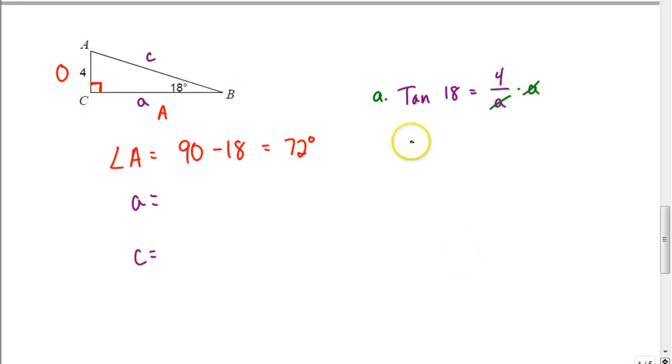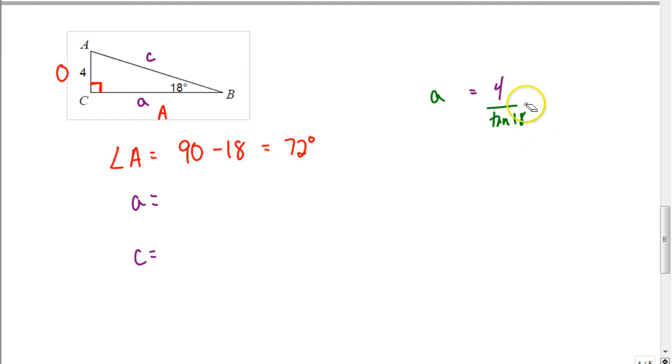Here's what I'd be left with. Then I would need to divide both sides by the tangent of 18 to get the A by itself. So if I divide both sides by tangent of 18 degrees, these would cancel out, leaving me with A equals 4 divided by the tangent of 18.